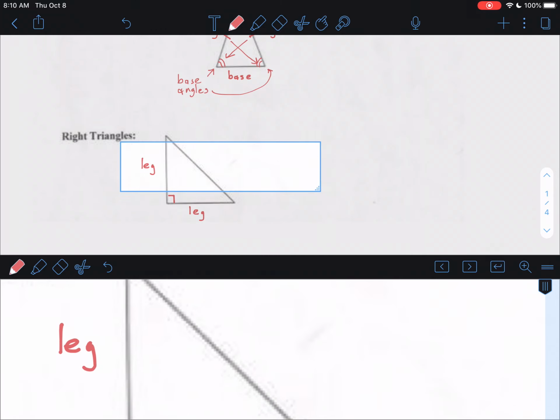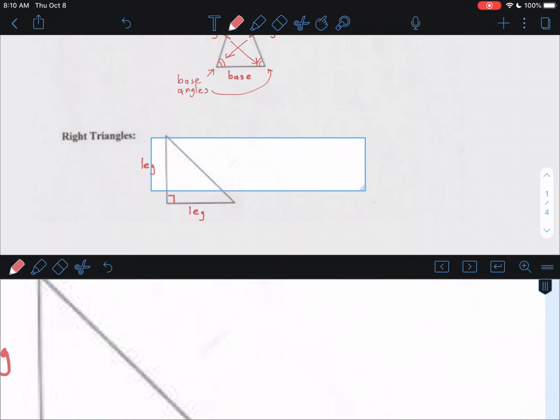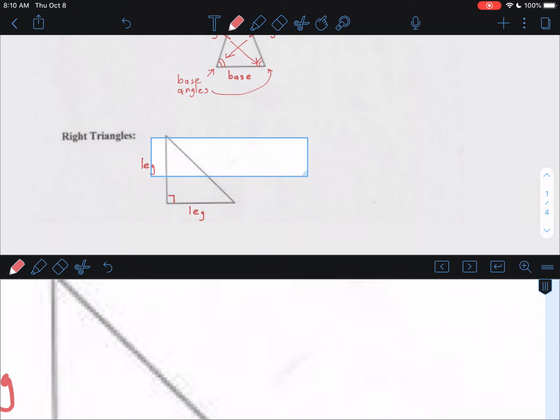And the side that is across from that right angle, this is the word that I don't know if you guys have learned before. This is the hypotenuse. Hypotenuse. T-E-N-U-S-E. Hypotenuse.